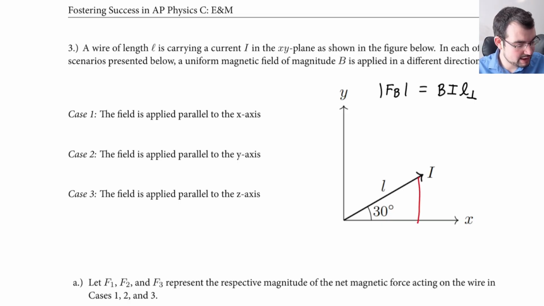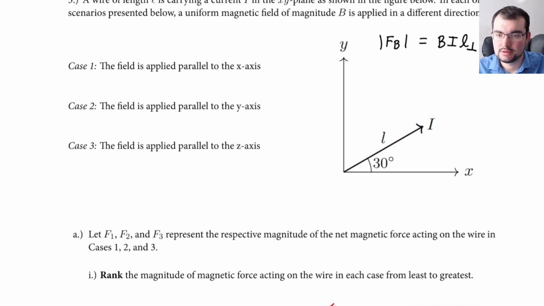I have some of it in the Y, some of it in the X, but no wire segment in the Z. So it feels the full force. You get the full BIL.